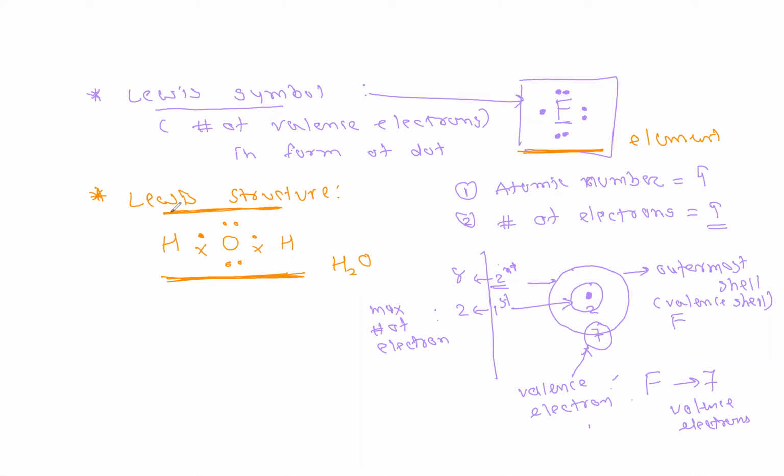There are a few rules that you need to follow to come up with the right Lewis structure, which you can learn in the lecture later on. But do you understand the difference between structure and symbol? So it's only for molecular, not ionic, right? Yes, when we talk about Lewis structure, this concept only applies to molecular compounds, which can also be called covalent compounds.